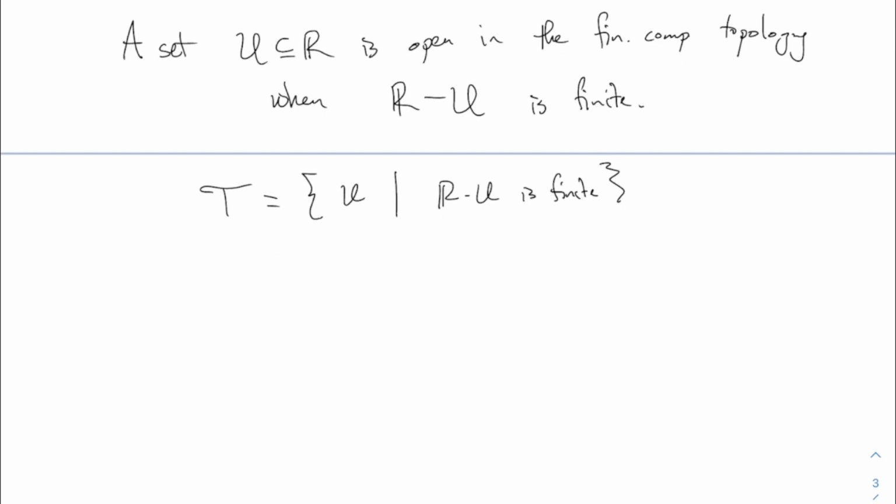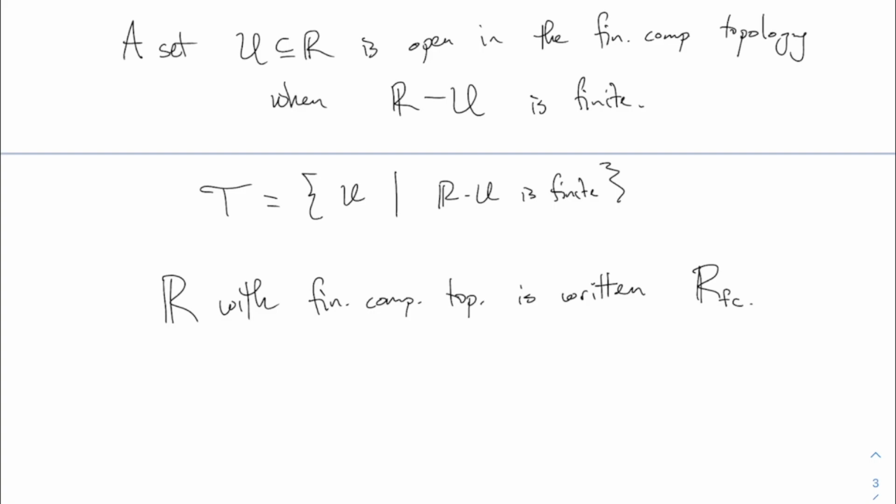And when I'm talking about R with the finite complement topology, I would usually write it like R_FC. So if I just write R, then probably I'm talking about R with the usual topology.